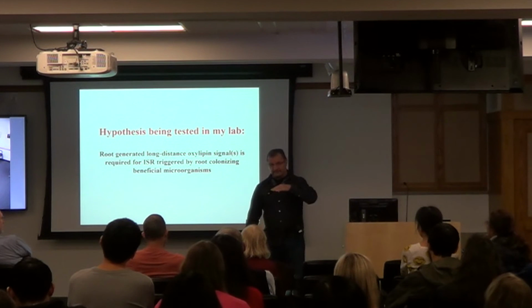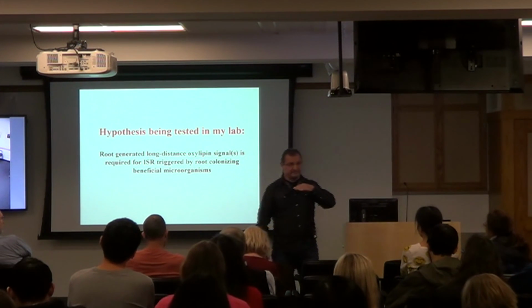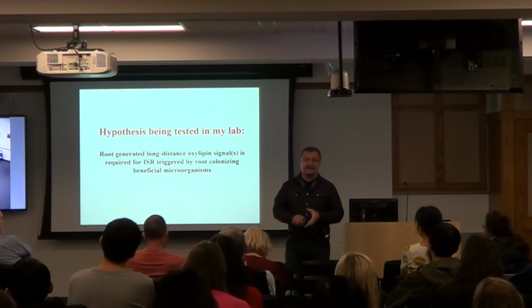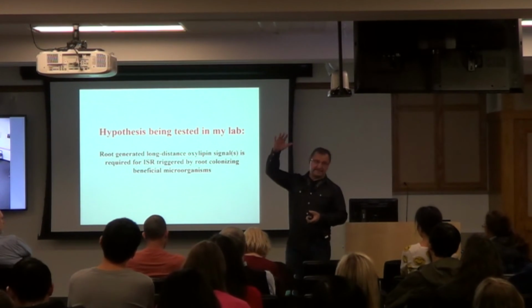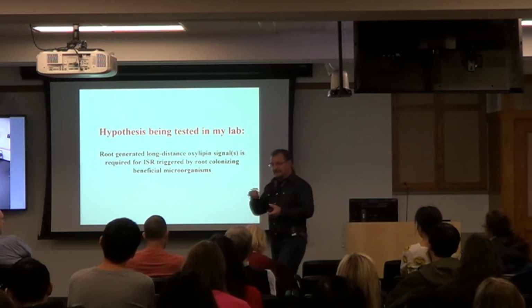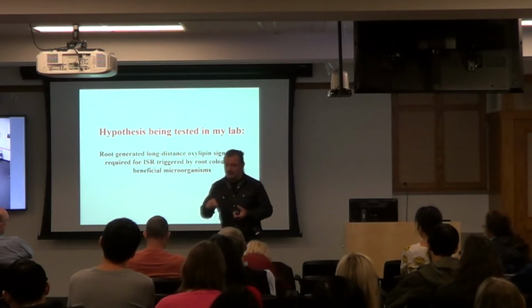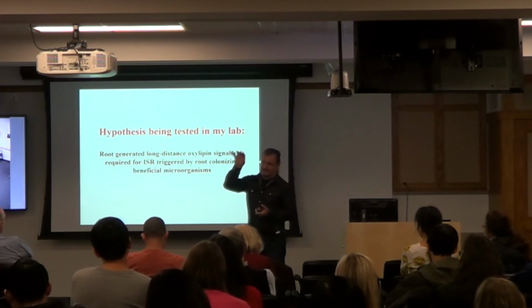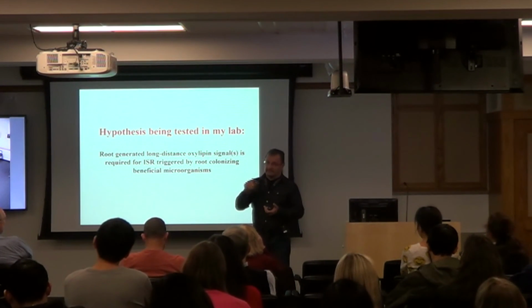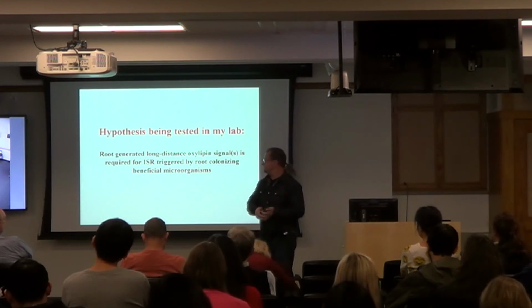When we used OPR7, 8 JA-deficient mutants, they are still capable of responding to Trichoderma colonization by increased resistance in the stem and in the leaf. So JA is not the long distance signal. It's some other oxylipins produced by 9-lipoxygenases, or precursors of JA, that are required for induced systemic resistance.